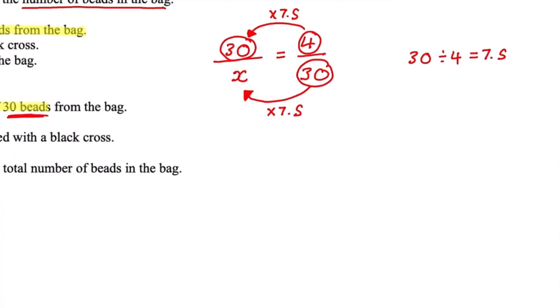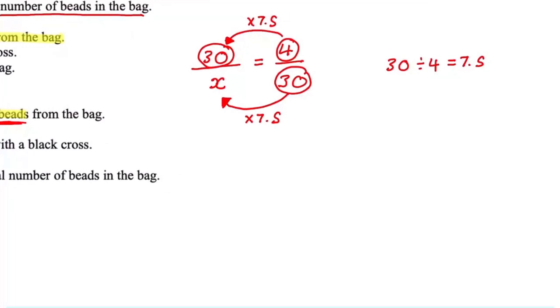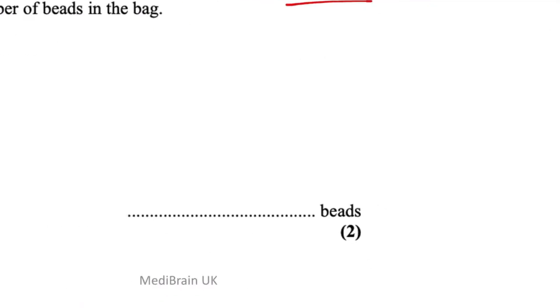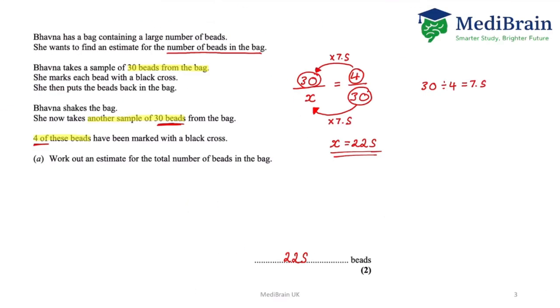Again, you can work this out on a non-calculator paper. 30 multiplied by 7.5 gives you an answer of 225. I see a lot of correct answers in the chat, so well done, everybody. So our estimate for the total number of beads in the bag is 225 beads.